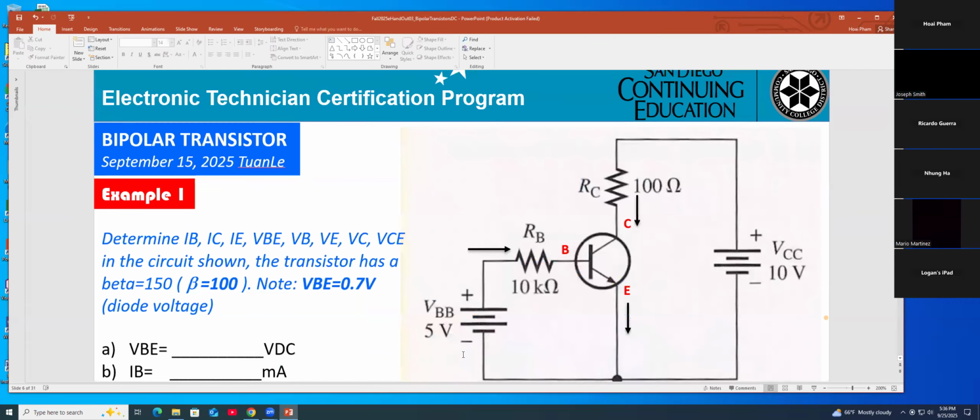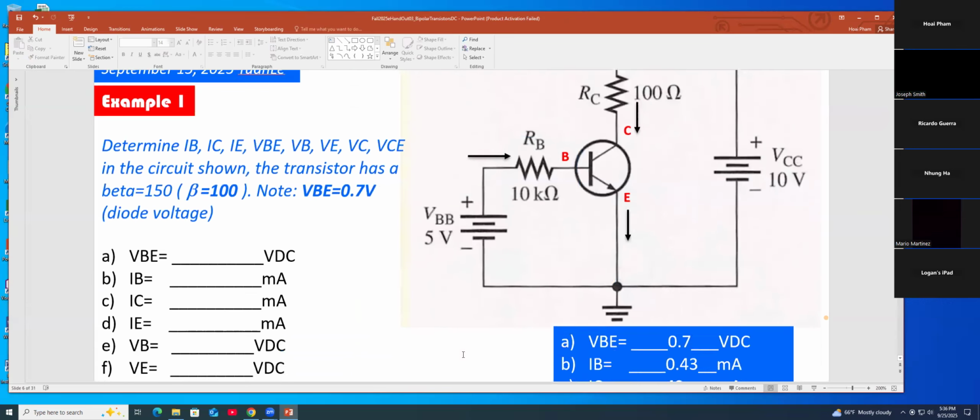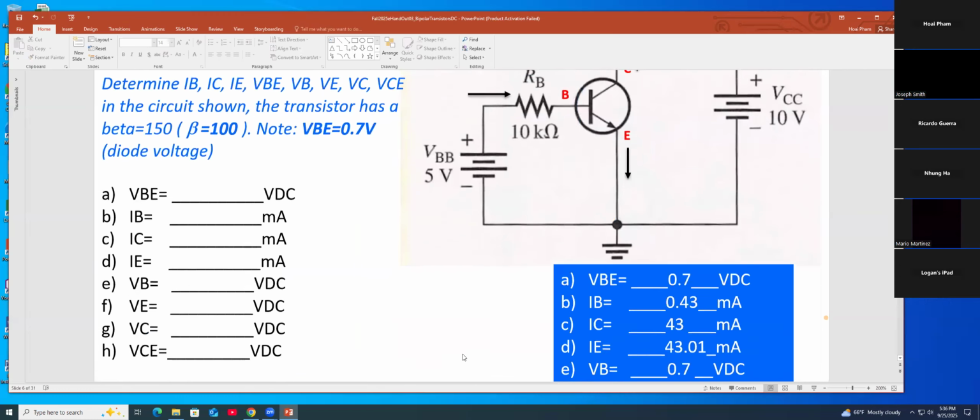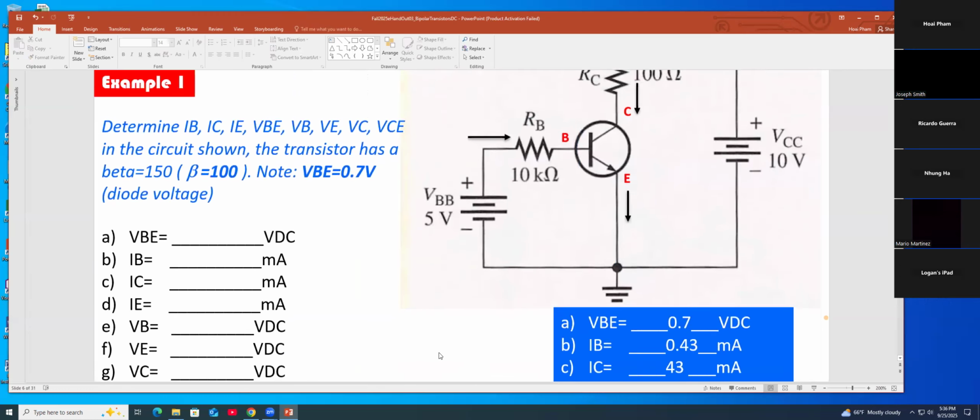Every formula they already gave to you, and this is an example. You try to work on that. This is the answer.